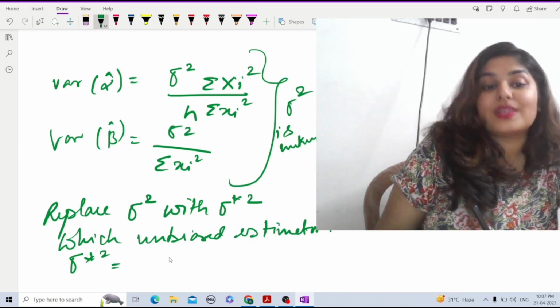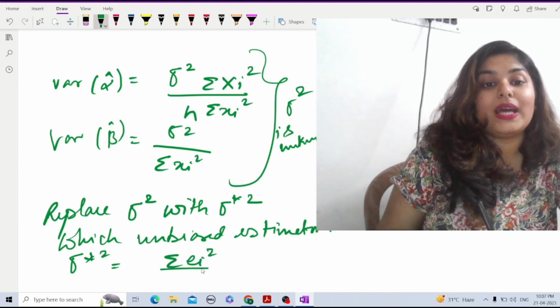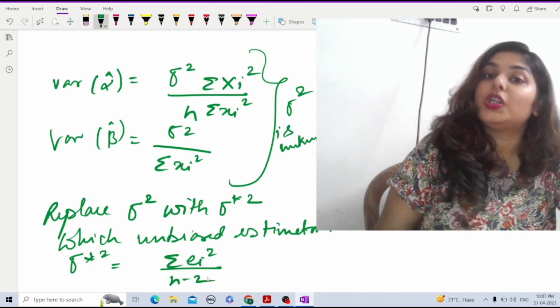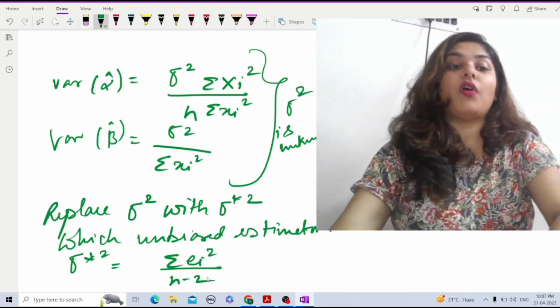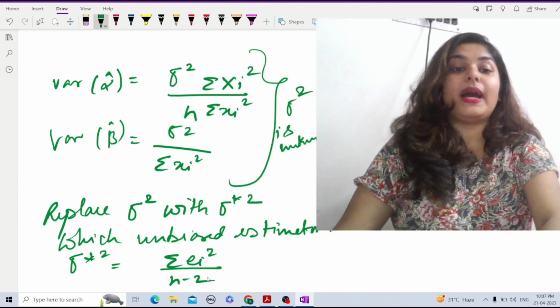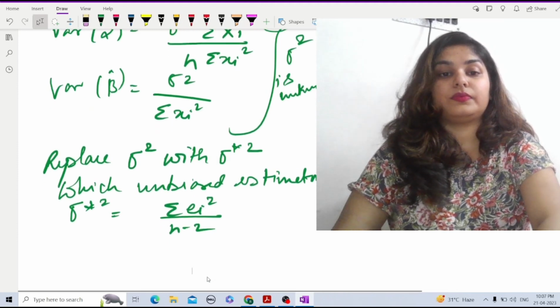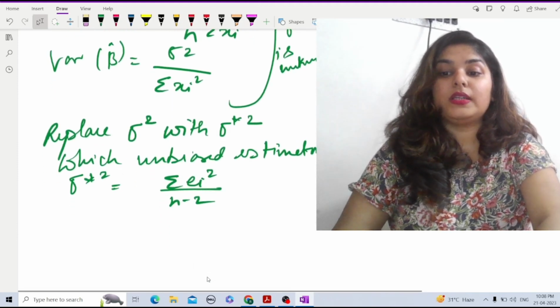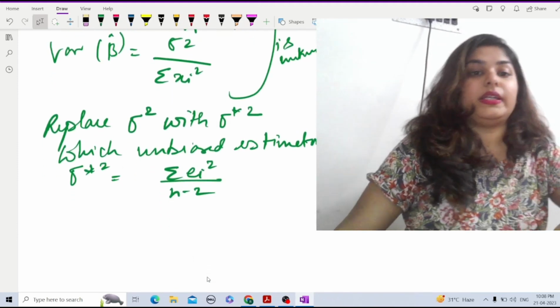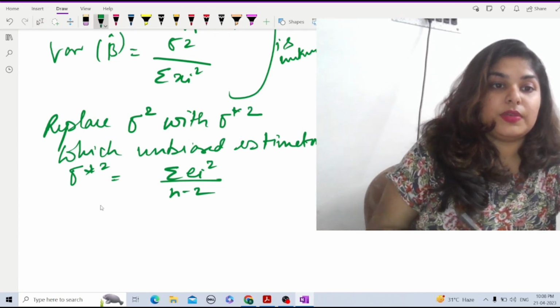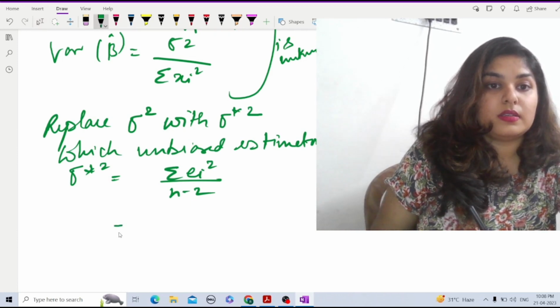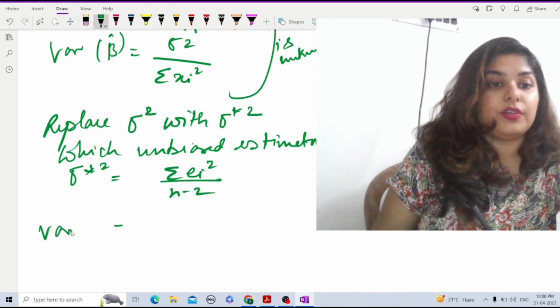Now what is the formula for sigma star square? Sigma star square is equals to summation ei square divided by n minus 2. So that is the formula for sigma star square, that is the unbiased estimator, right? Now, so we have to calculate it. Let us put the value of summation ei square here. So that is, okay, now before that, let's write down variance of alpha hat.